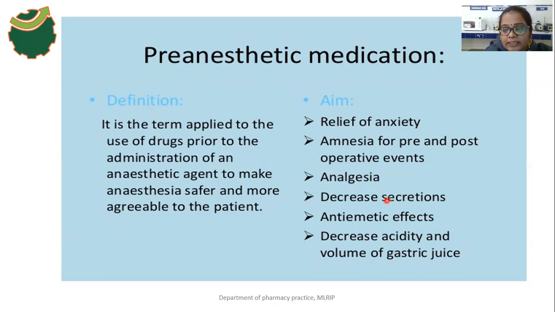It decreases episodes of vomiting, so it has antiemetic effects. It also decreases the acidity and decreases the volume of gastric juices. So these are the pre-anesthetic medications.